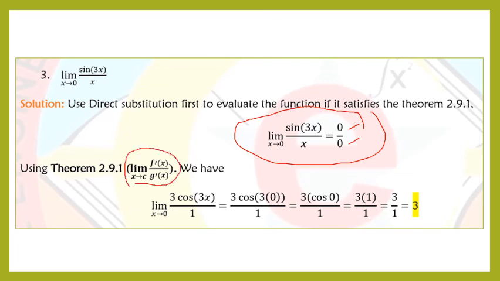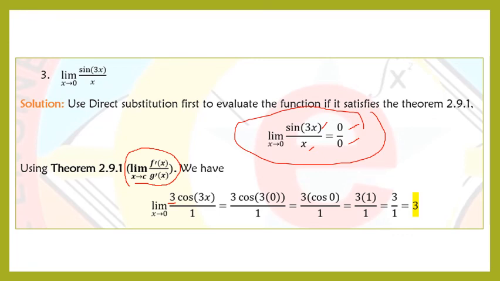That means we differentiate the numerator and also the denominator. The derivative of sine 3x, class, is cosine 3x times the derivative of 3x, which is 3. That's why it became 3 cosine 3x. The derivative of x is 1.